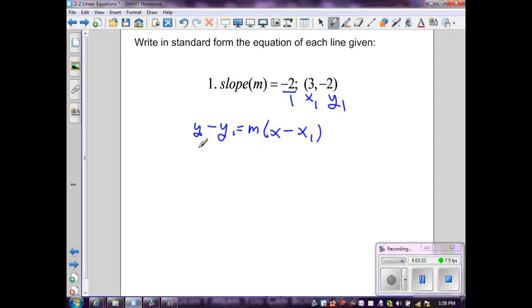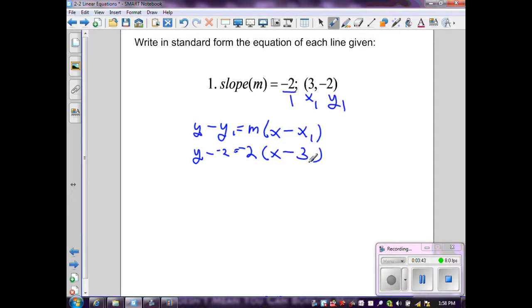We substitute the known values. Y minus y sub 1 is y minus -2, so minus -2 equals m, which we know is -2. Bring down the x, the minus sign, and x sub 1 is 3.